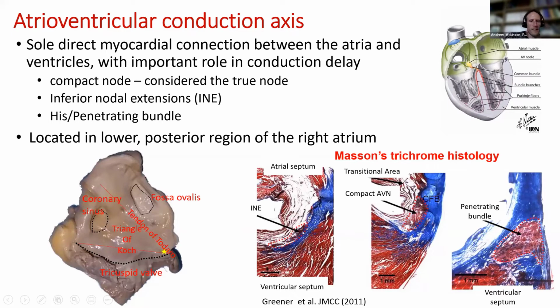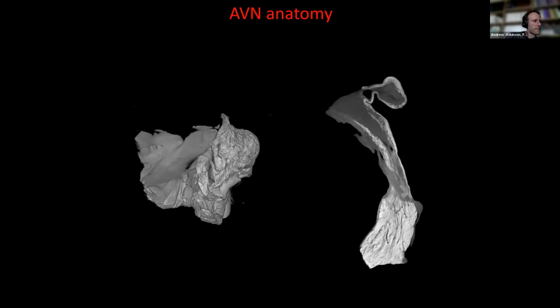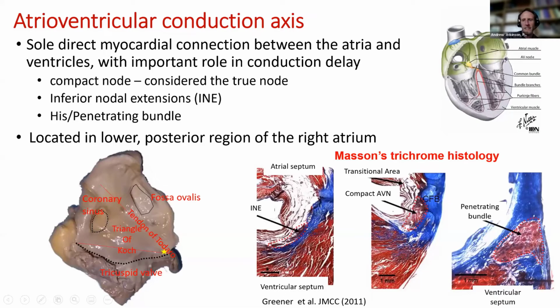It's been shown that there are inferior nodal extensions that can extend from the compact node towards the tricuspid valve annulus, and these are thought to act as input pathways into the AV node. Then we move down more towards the ventricular side.